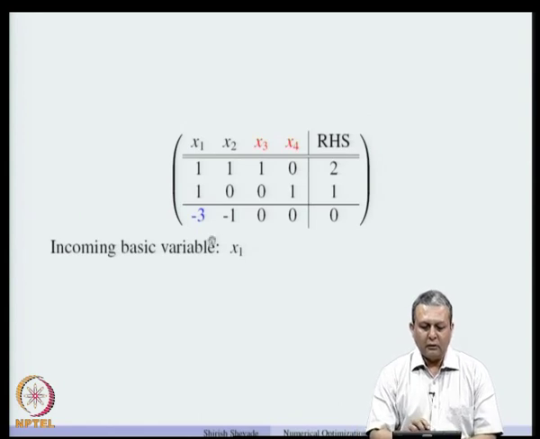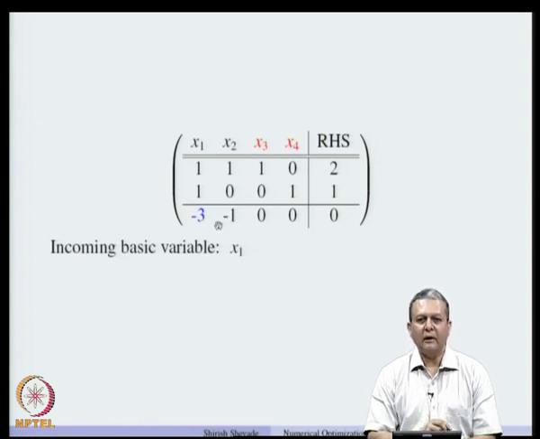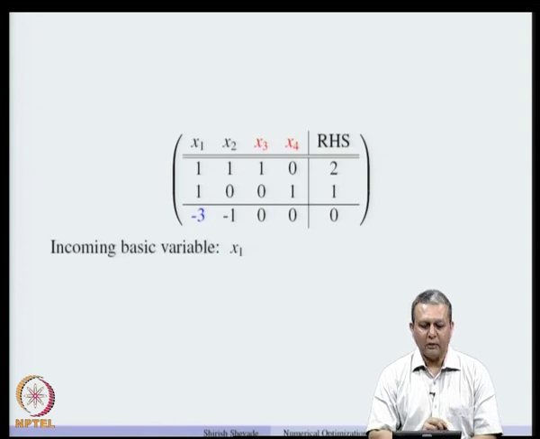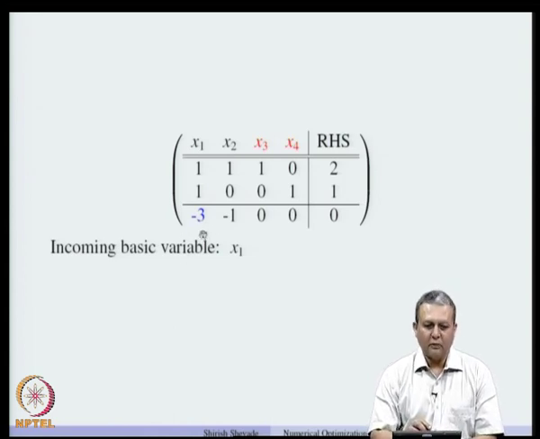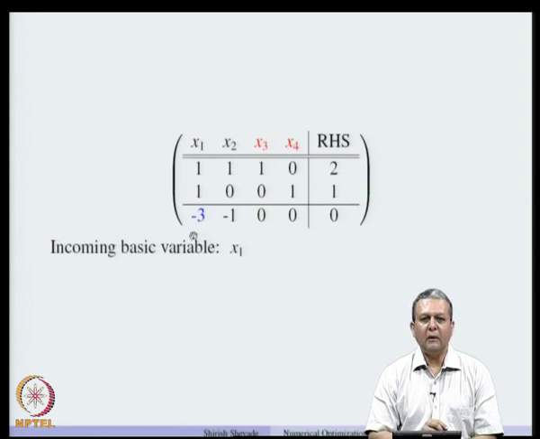Now we look at the last row and see whether the entries corresponding to the non-basic variables are non-negative. Here, for both the non-basic variables the entries are negative. So, any of these variables is a candidate to become a basic variable. In this case we choose -3 to be the incoming basic variable.